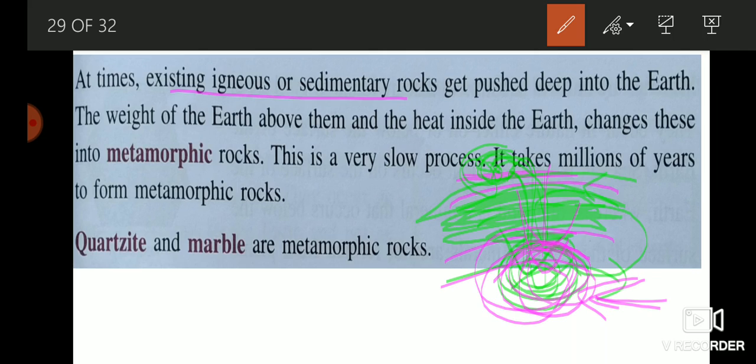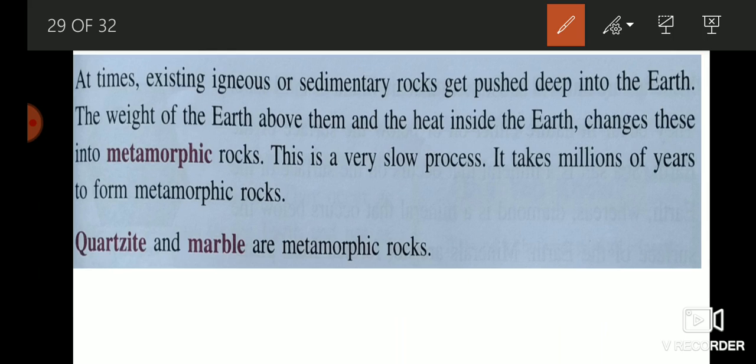The temperature is also very high here, and the pressure is also very high in this deep region. By the action of this huge pressure and by the action of heat, the igneous or sedimentary rocks are converted into another kind of rock, and that is known as metamorphic rock.